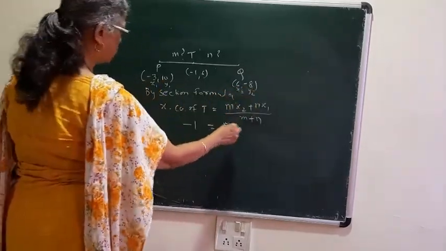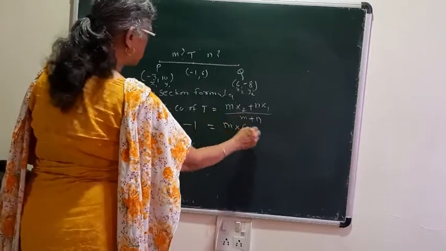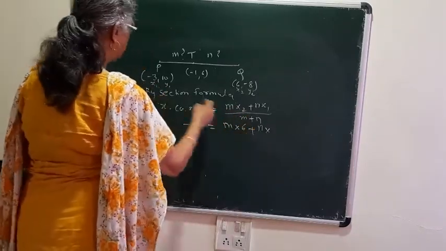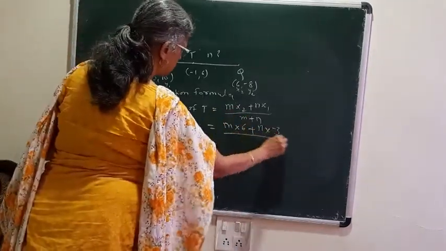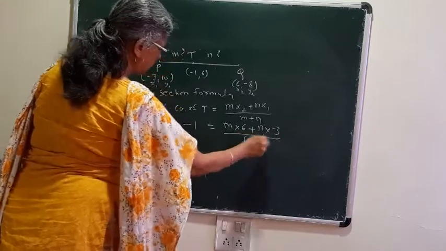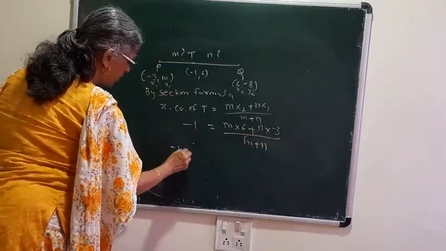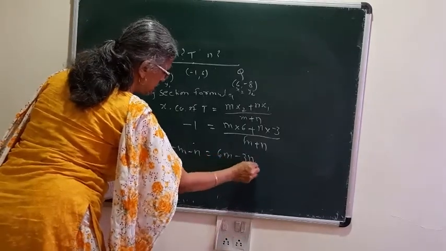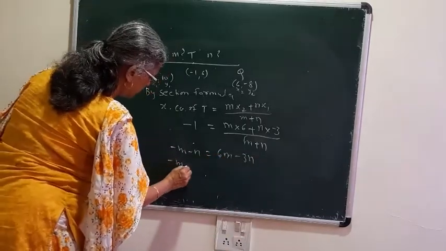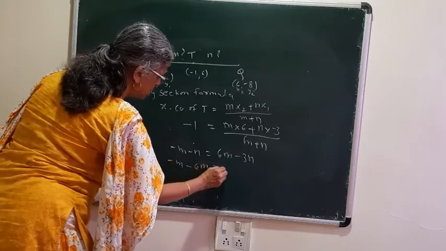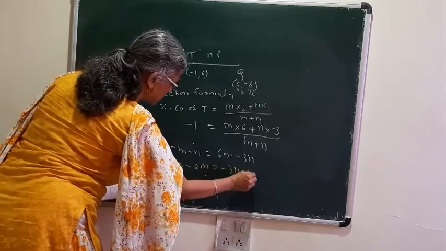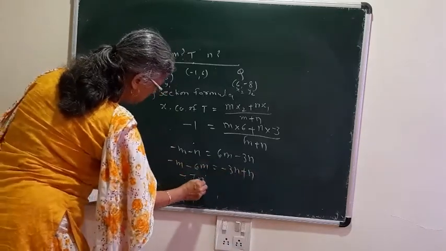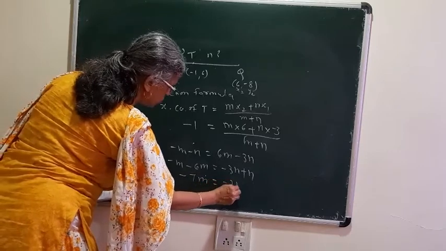So mx2 plus nx1, n we do not know, nx1 that is minus 3, m plus n we do not know. Alright? So minus m minus n is equal to 6m minus 3n. So minus m minus 6n is equal to minus 3n plus n. So minus 7m is equal to minus 2n.